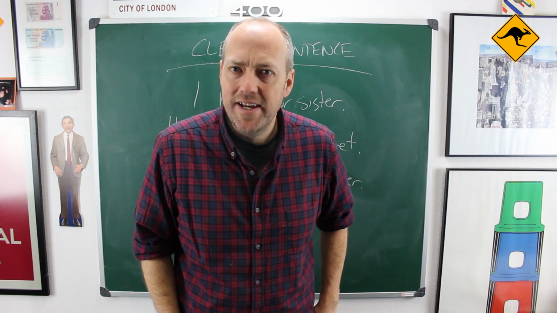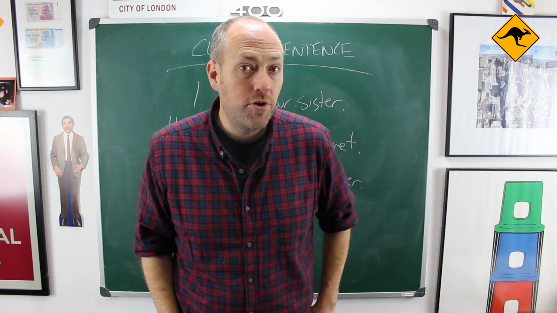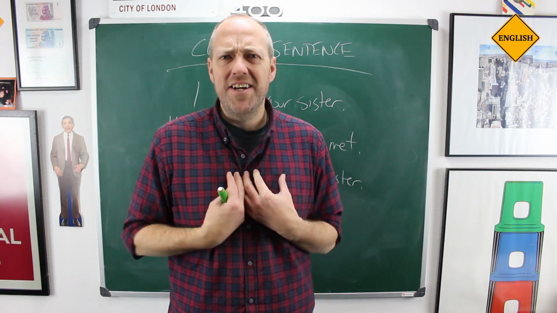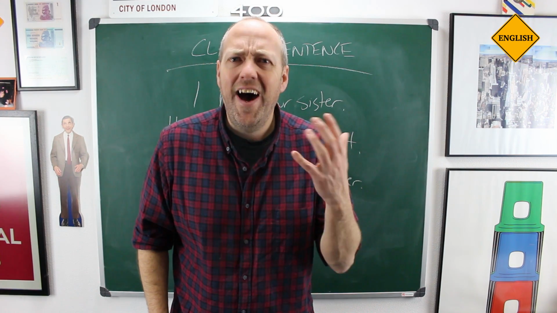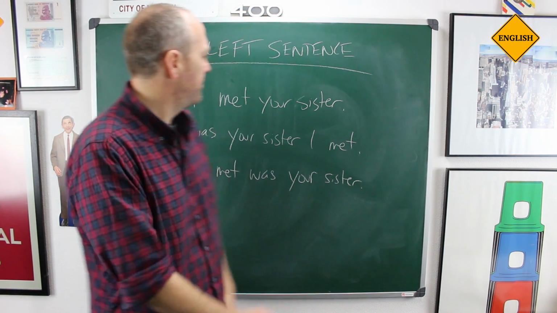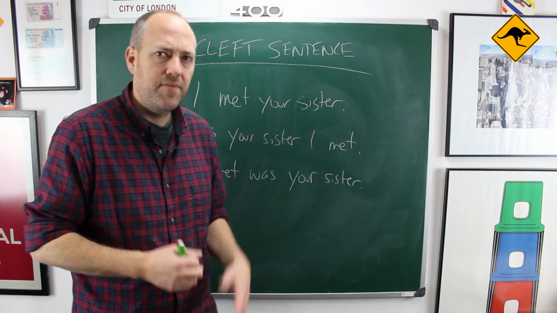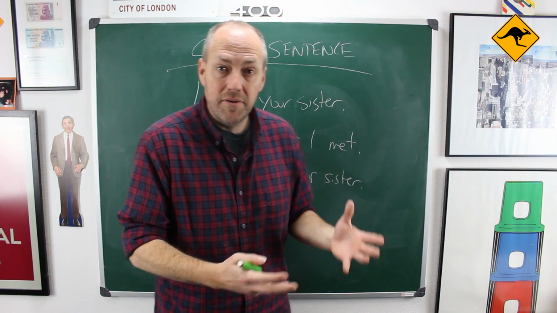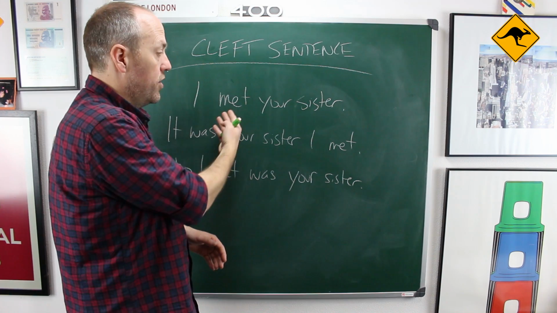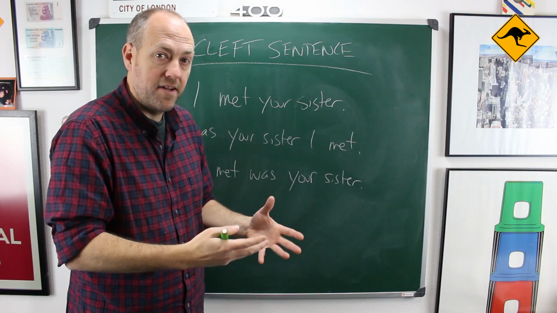Did you like my dad? Did you get on with my dad? And I say, no, I didn't meet your dad. I met your sister. Okay? So this is the typical subject, verb, object, I met your sister.